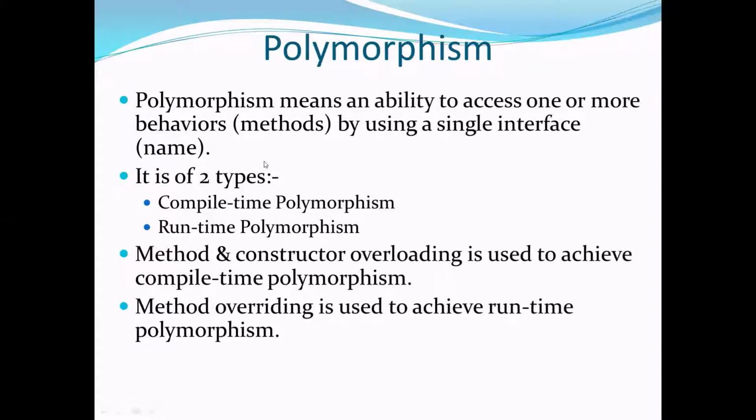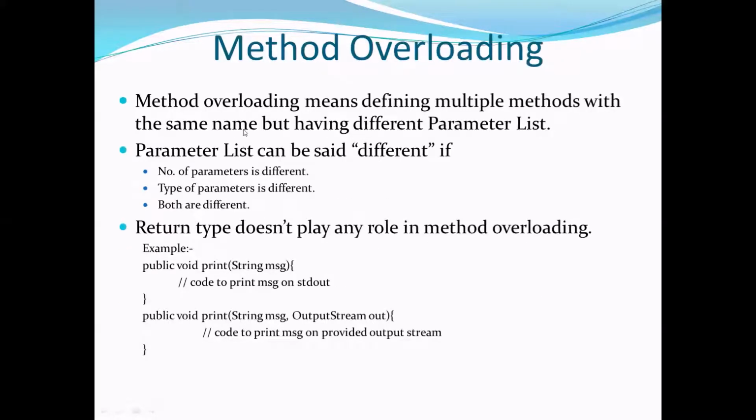So what is method overloading and method overriding? Now see this. Method overloading means defining multiple methods with the same name but having different parameter lists. The method name will remain the same, but the parameter list will be changed. And how do we change the parameters?